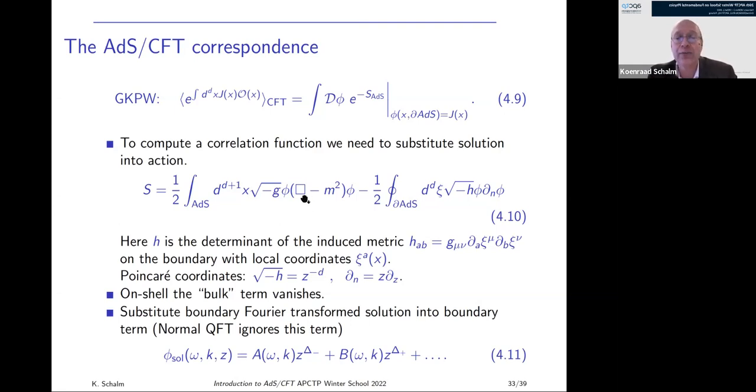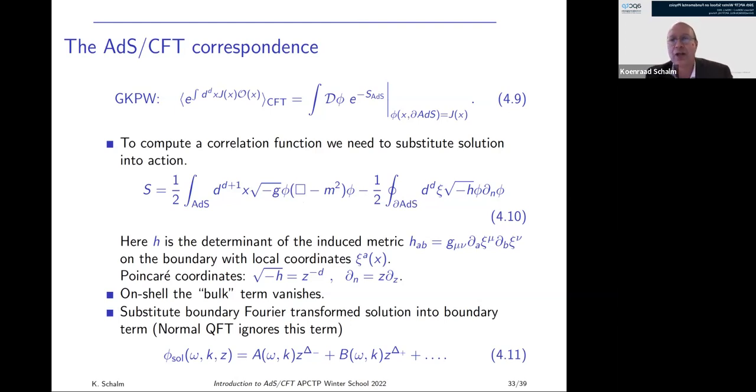On shell means that I solve for the equation of motion, but the bulk term, after you integrate by parts, is precisely proportional to the equation of motion, right? So when I substitute the equation of motion here, this term is going to vanish. And the only term that is left over is this term on the boundary of AdS.